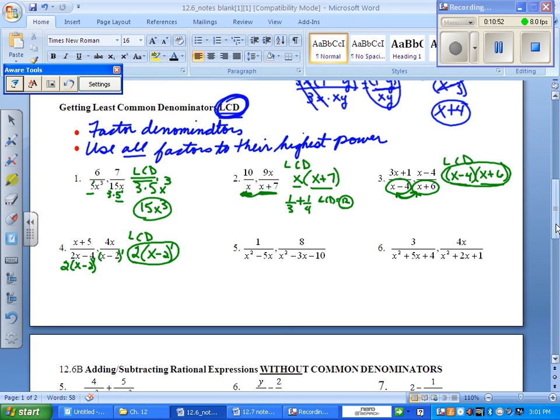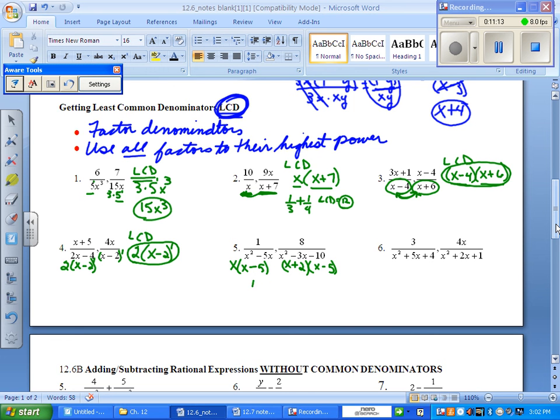Number 5. First denominator has a common x. Factor it out. You have an x minus 5 left. Second denominator, we'll work on factoring. You have an x and an x, a plus and a minus. It's going to be a minus on the 5 and a plus on 2. So that's correctly factored.